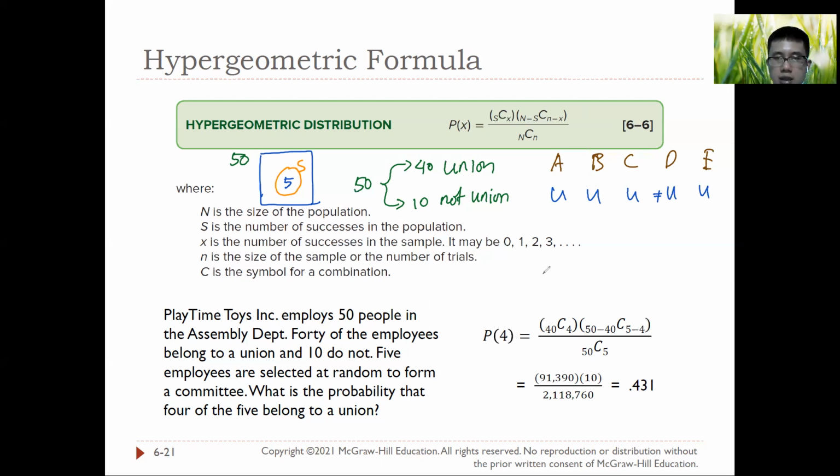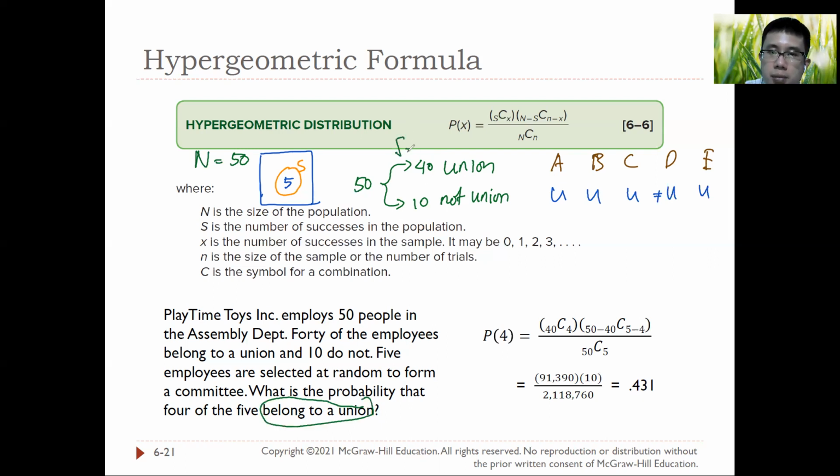Here, let me first check the requirements. Here, 50 is the number of the population, so this is the capital N. 40 is the number of successes, because we define success to be belonging to a union here.